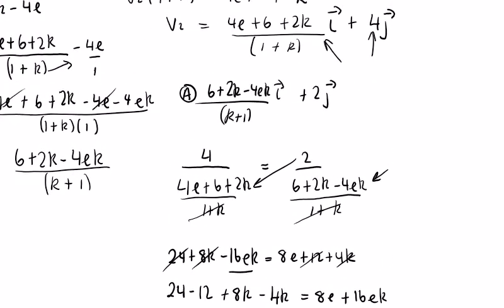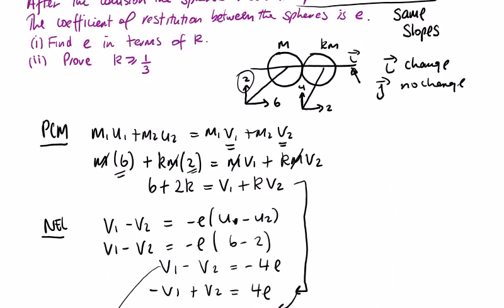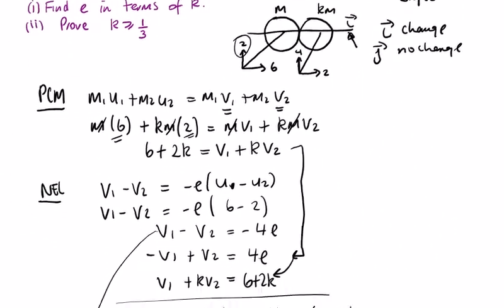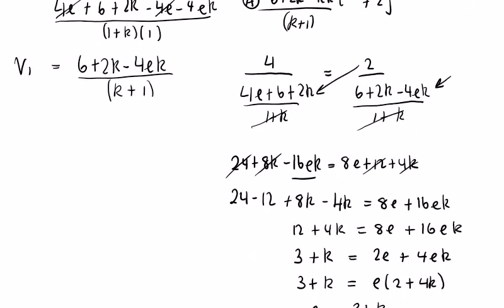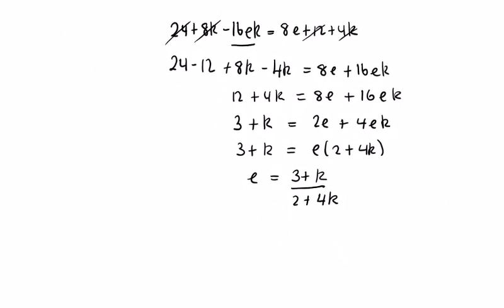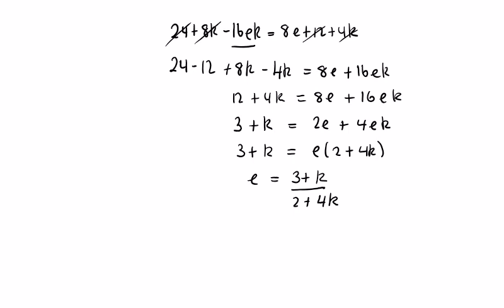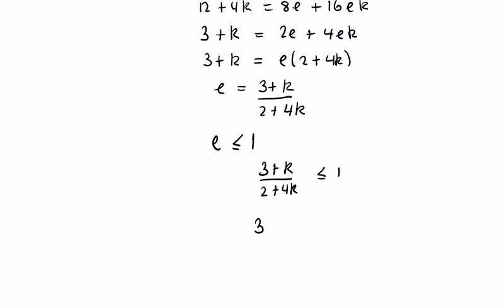And what are we told? There's another part. Prove k is greater than or equal to a third. So we know e is less than or equal to 1. So 3 plus k over 2 plus 4k is less than or equal to 1. I can cross multiply by 2 plus 4k to get 3 plus k less than or equal to 2 plus 4k.